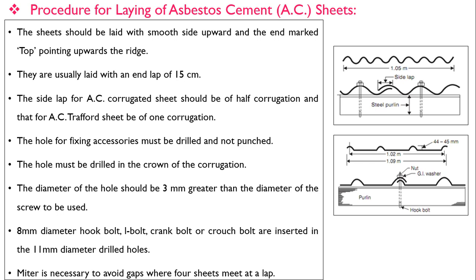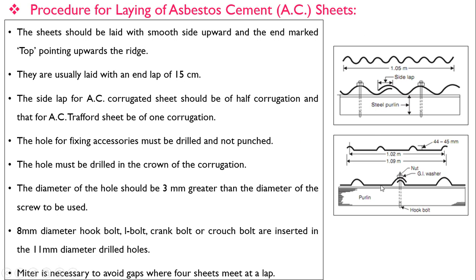The holes for fixing accessories must be drilled and not punched. In the case of AC sheet, drilling is done, punching is not done, but in the case of GI sheet, punching is possible. The hole must be drilled in the crown of the corrugation.